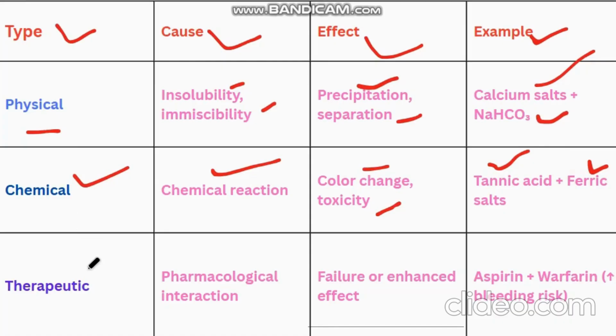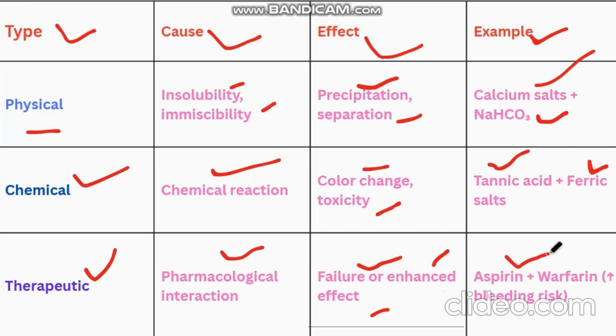And similarly, another is therapeutic incompatibility. The main cause is pharmacological interactions, and the effect or result is either failure or enhanced effect. Either the drug reduces or blocks the effect of another drug, or sometimes the drug may have a beneficial action, that is, one drug enhances the effect of another drug.